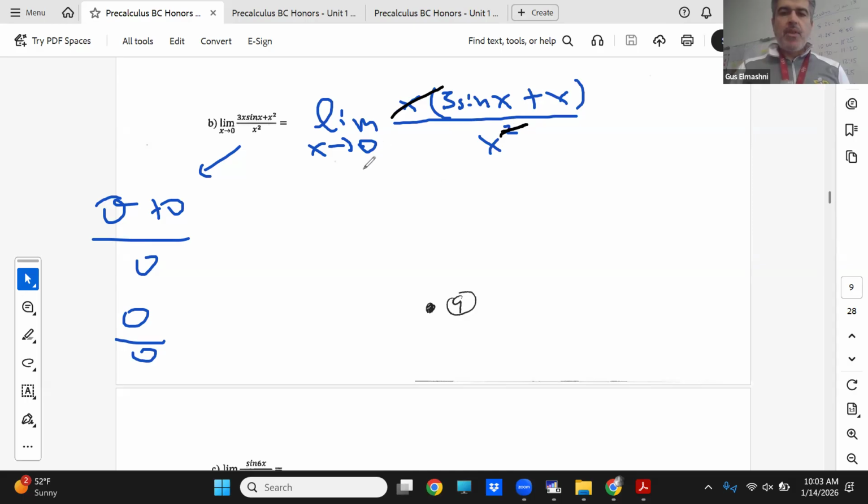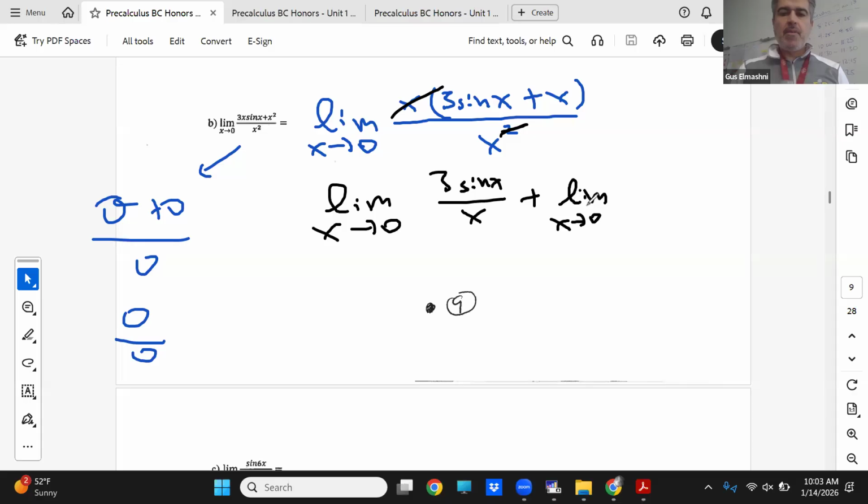So now here's when I'm going to use the limit property again. You're allowed to do this. You get 3 sine x over x plus... what's the limit?